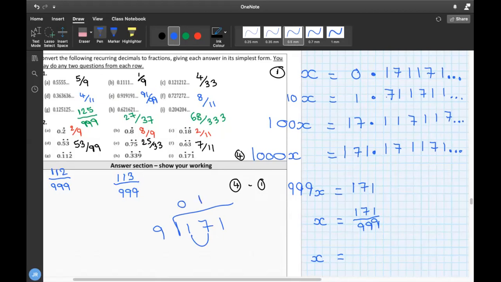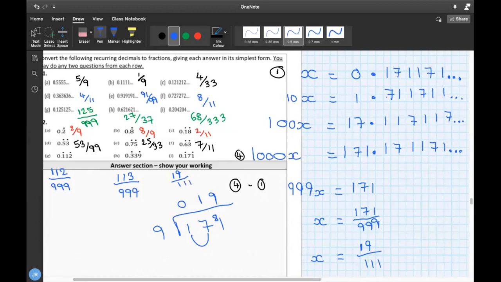Well, 1 with a remainder of 8. How many go into 81? Bingo, 9. So if we divide them both by 9, we will get 19 over 999 divided by 9, 111. Okay, so that was our final answer there. We have 19 over 111.